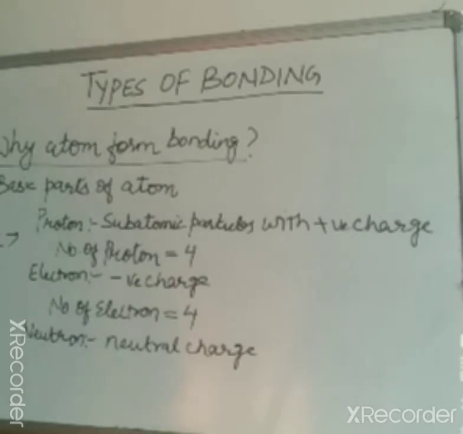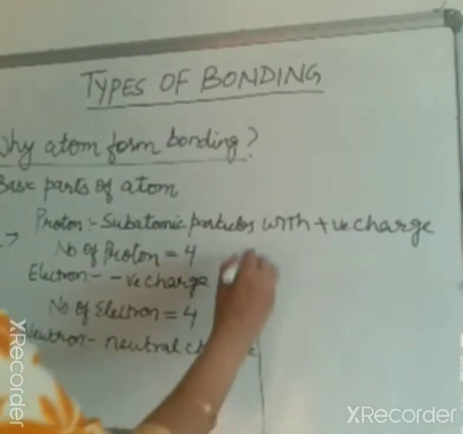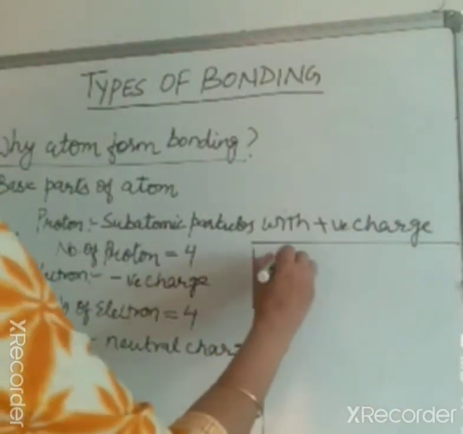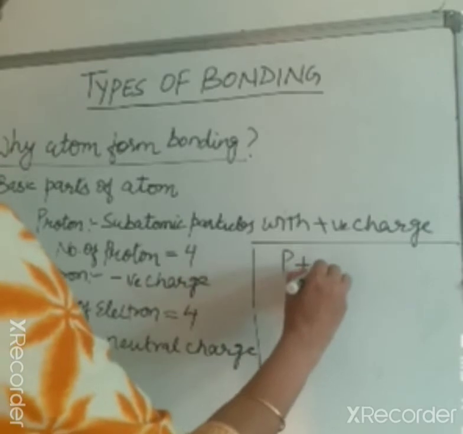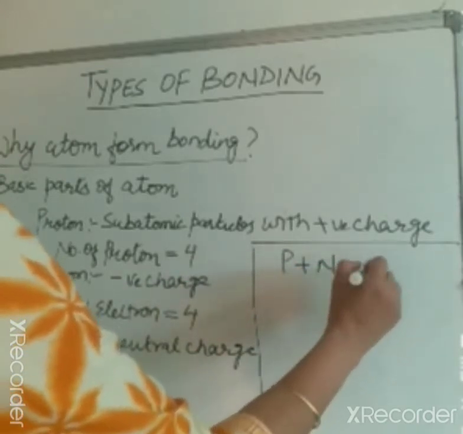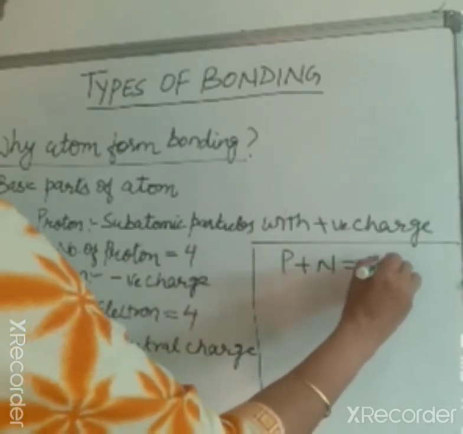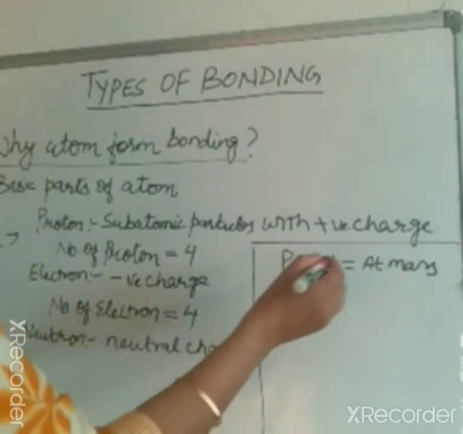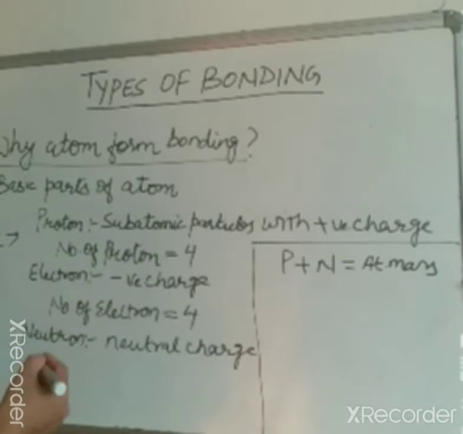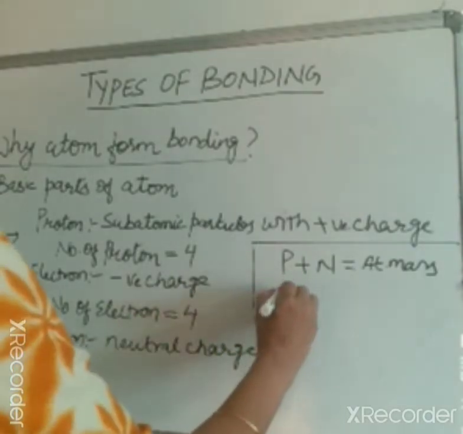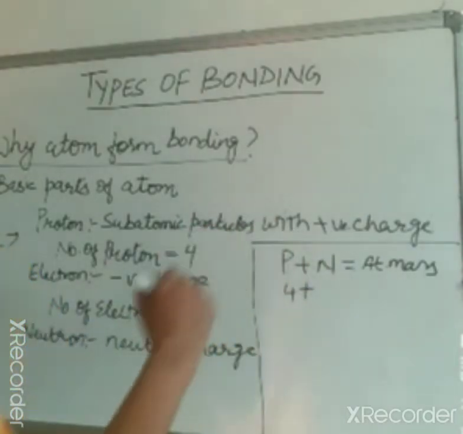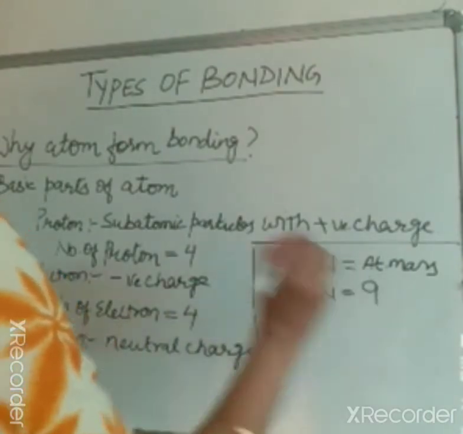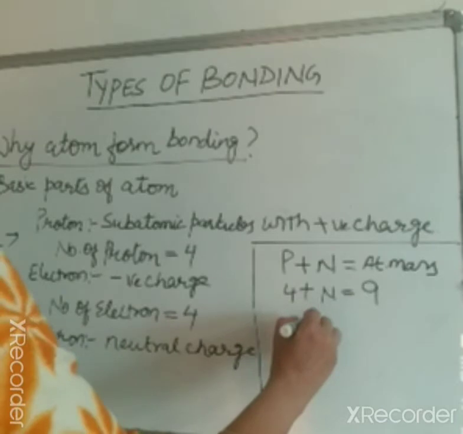So, as we know with simple mathematics, protons plus neutrons give the atomic mass. In an atom of beryllium, the number of protons is 4 and we don't know the number of neutrons. We have to find it out with simple mathematics.